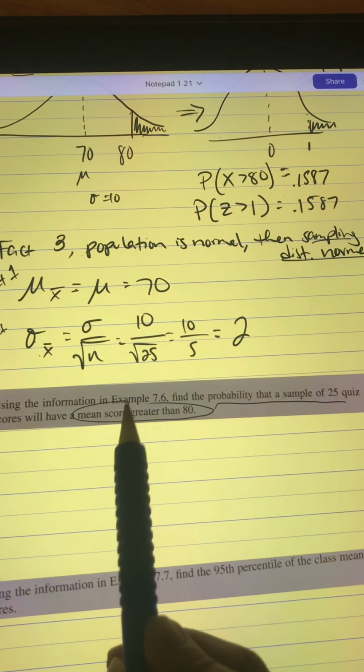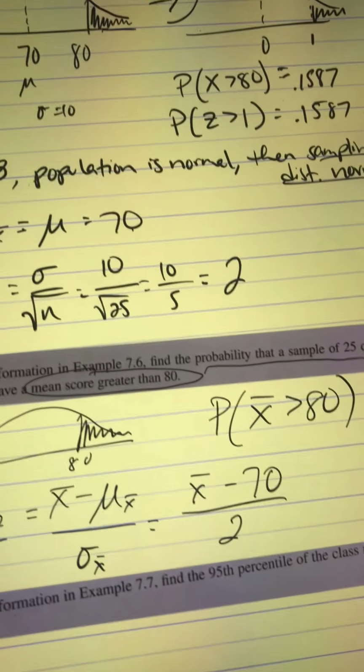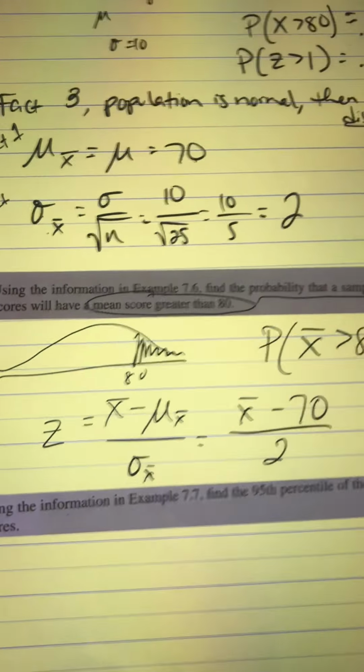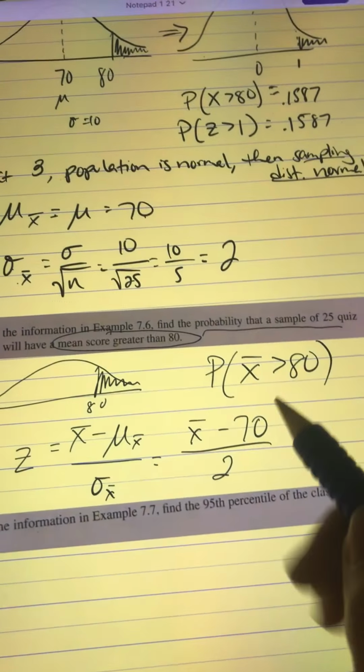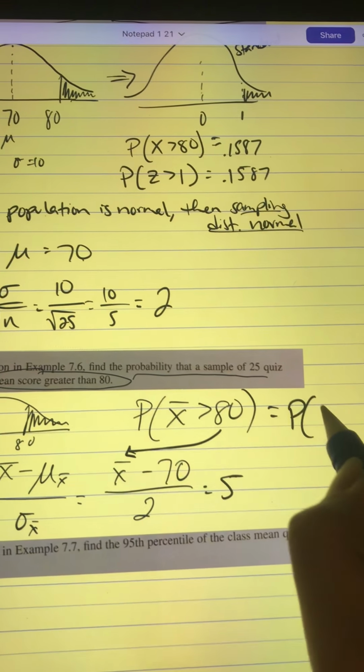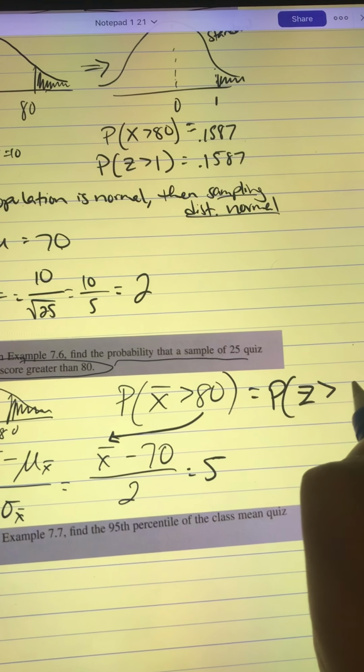So what the question is asking is what is the probability of getting a mean that is greater than 80? So now that we have all our numbers in place, we can plug this in here. You get 80 minus 70 divided by 2 is 5. So this is the same thing as asking what is the probability of my z-score being greater than 5.